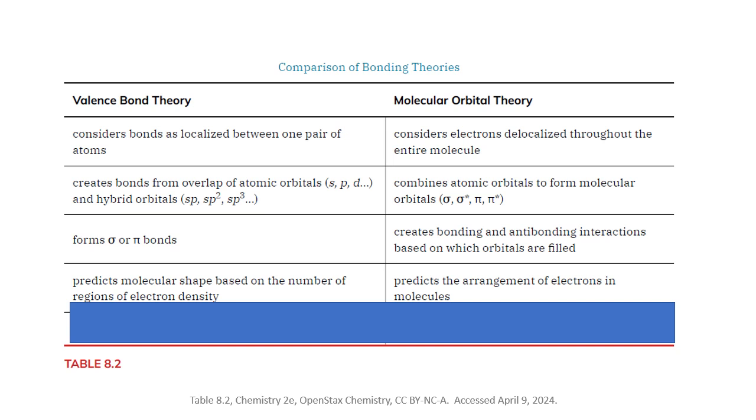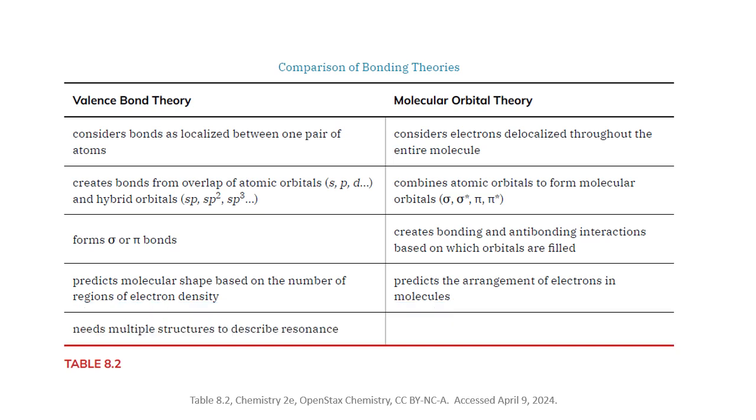Molecular orbital theory predicts the arrangement of electrons in molecules, which results in the ability to predict electrical, thermal, and magnetic properties. You can't get that from valence bond theory and VSEPR. It doesn't work.